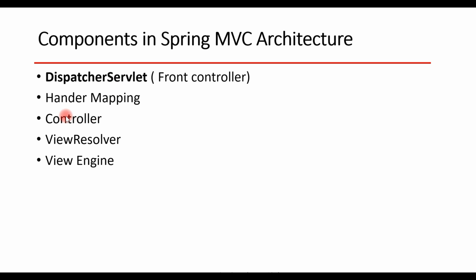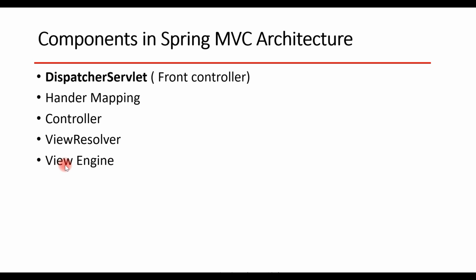And as we already know, the controller is responsible to process the request, and it will send a view and model to the dispatcher servlet. And view resolver is responsible for resolving a view location. It will identify where the view, like a JSP or Thymeleaf template, is located in a project, and it will send the view name and the extension back to the dispatcher servlet.